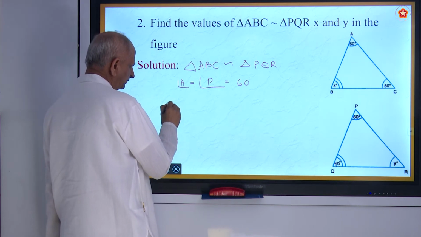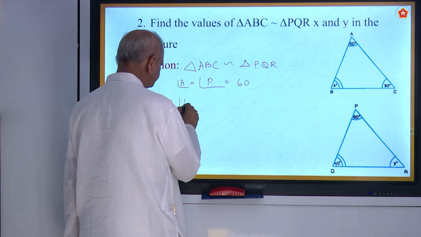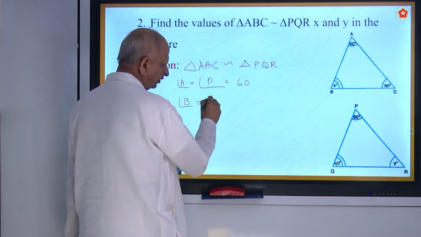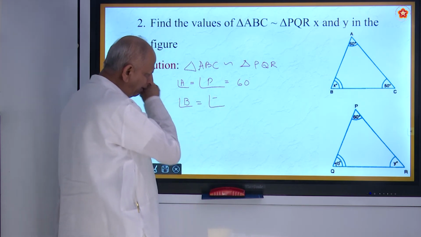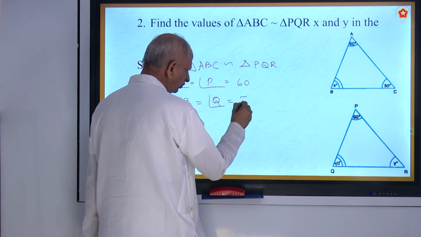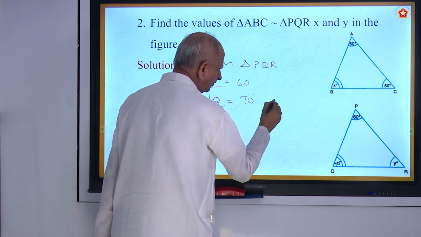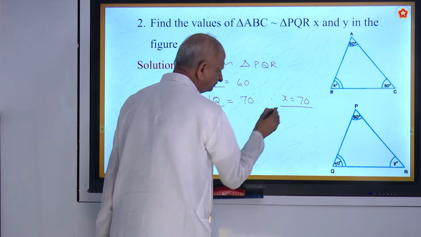And second point, angle B is equal to angle Q is equal to 70 degrees. These two angles must be 70. Therefore, you can write X is equal to 70 degrees.